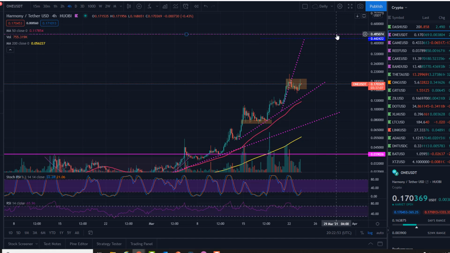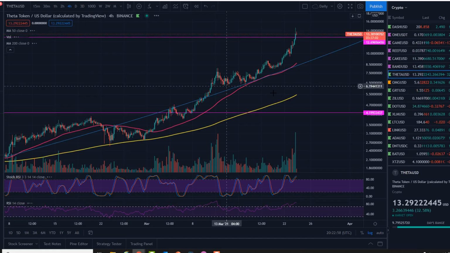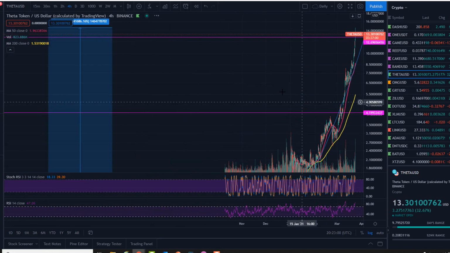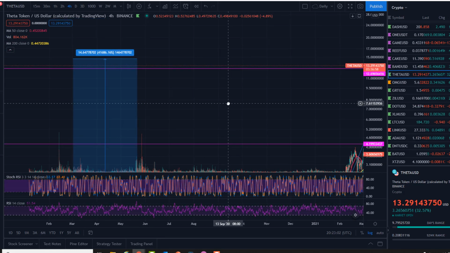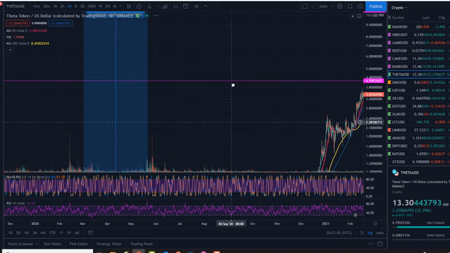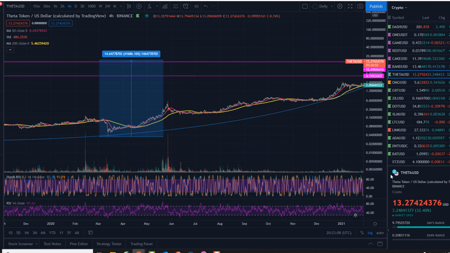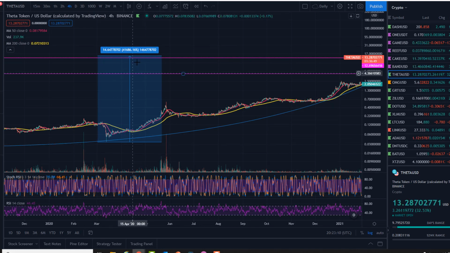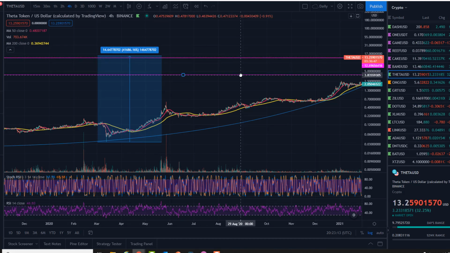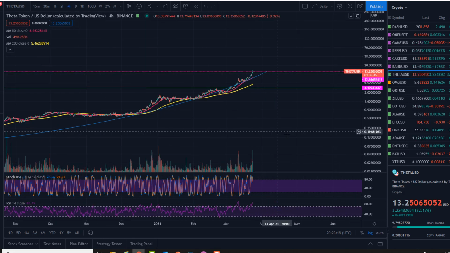Theta has now moved at its peak 416 times from its March low, right? So from that March low down here, it's extended 416 times, and it's not looking like it's slowing down.